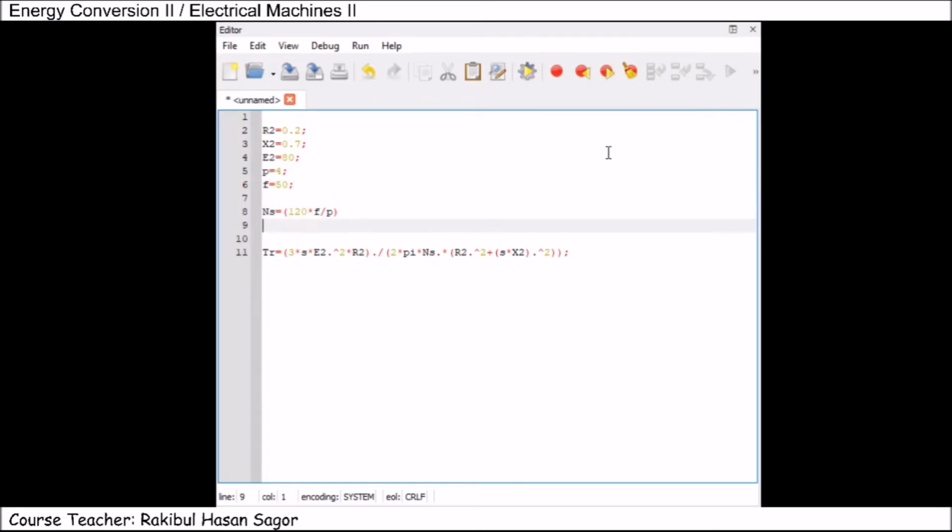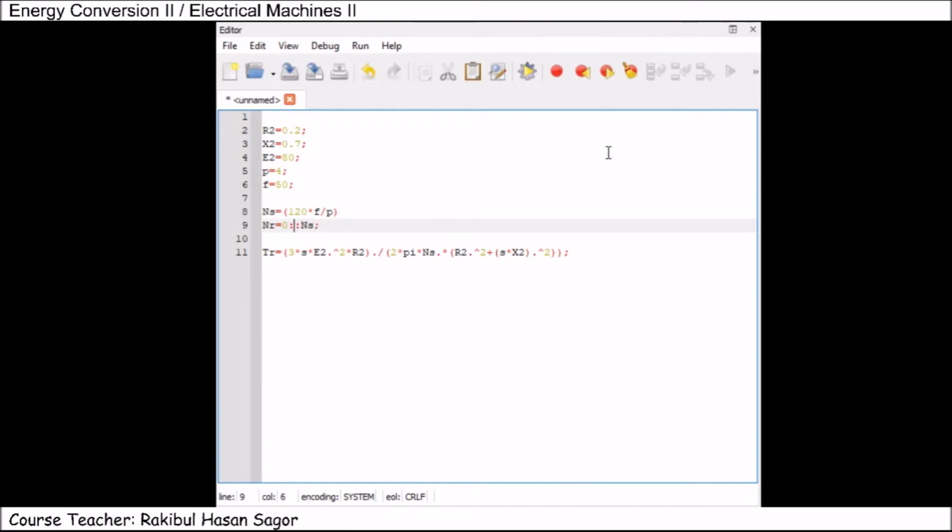Now we need to define one more parameter, that is NR, rotor speed. Rotor speed, we'll consider this as a variable. So we'll take this value starting from 0 with a certain increment. I'm not writing the increment now, and the final value will be NS, synchronous speed.